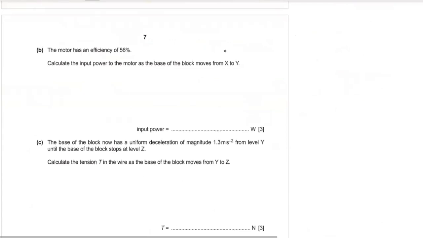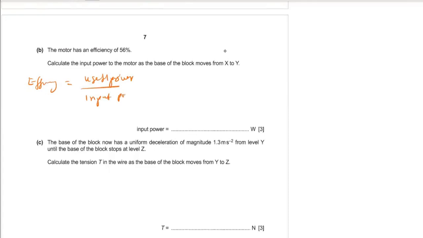So we know that efficiency is given by the useful power over the total input power, and you multiply this by 100%.